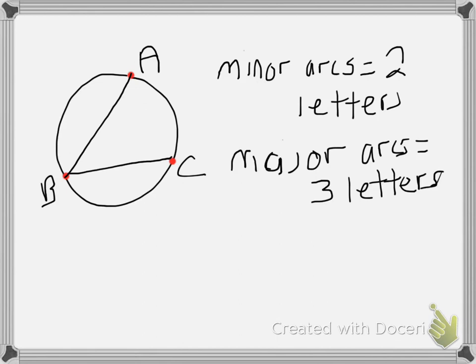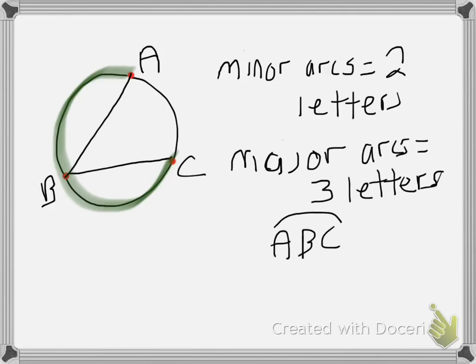So, for example, if I was asking about major arc ABC, I am looking for this in green, or whatever color you want to call that. That would be a major arc. So this would be major arc ABC. Notice 3 letters. We have to say A to B to C.